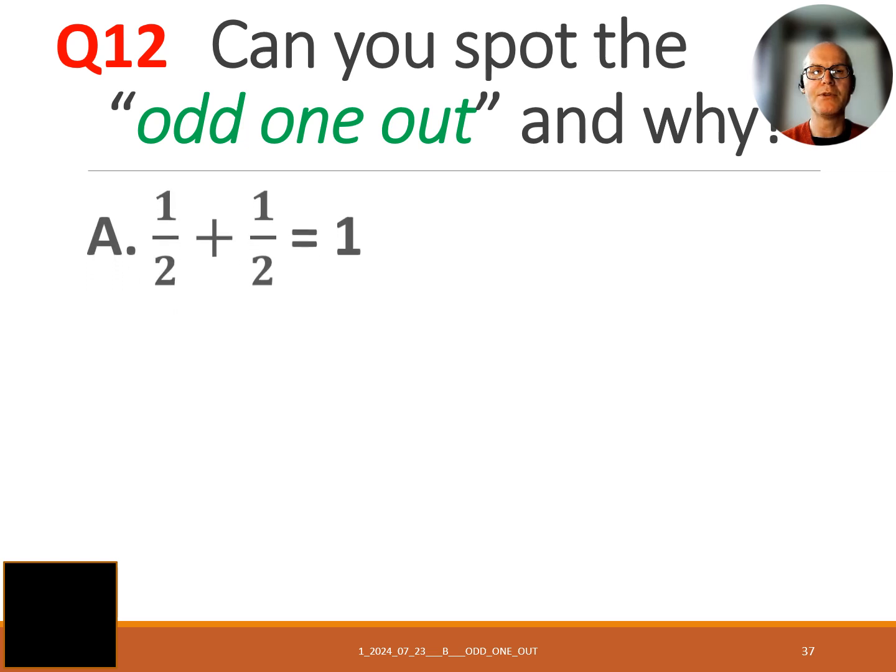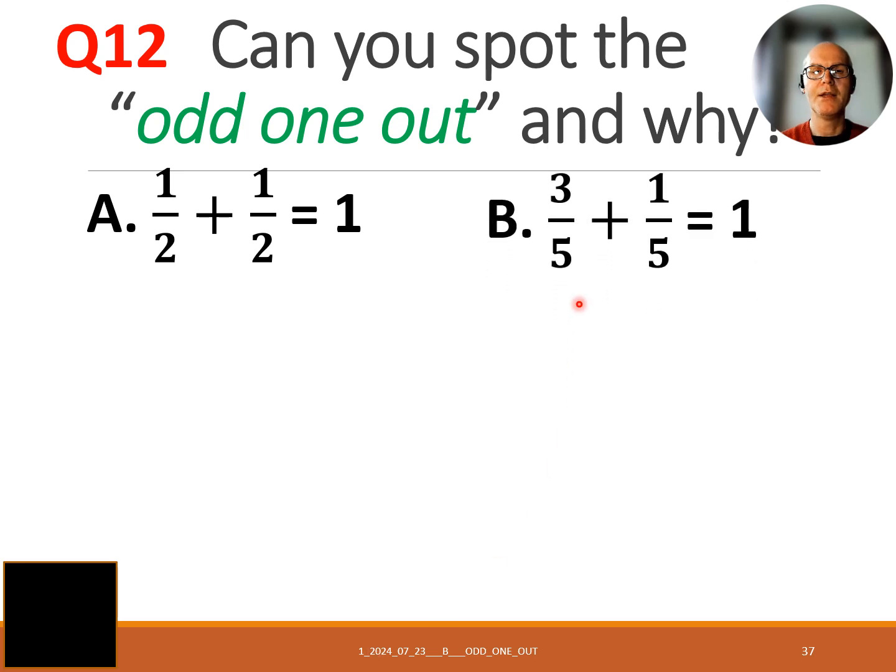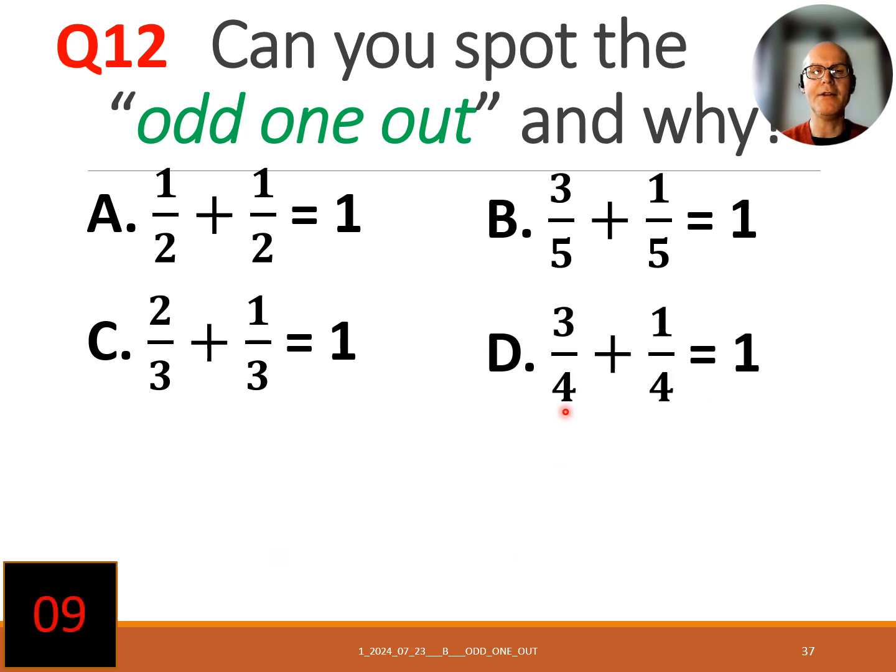Question 12. A half plus a half equals 1. 3/5 plus 1/5 equals 1. 2/3 plus 1/3 equals 1. And finally, 3/4 plus 1/4 equals 1.